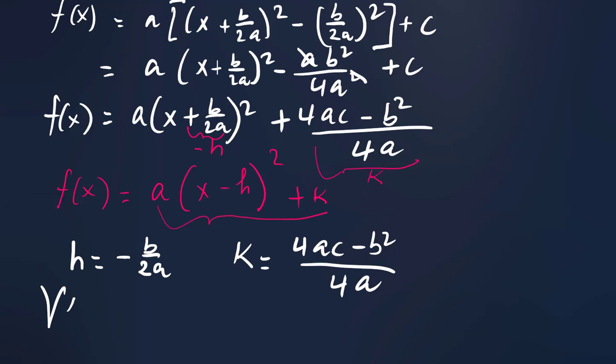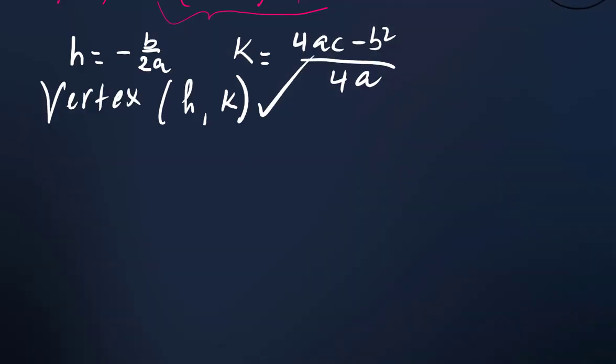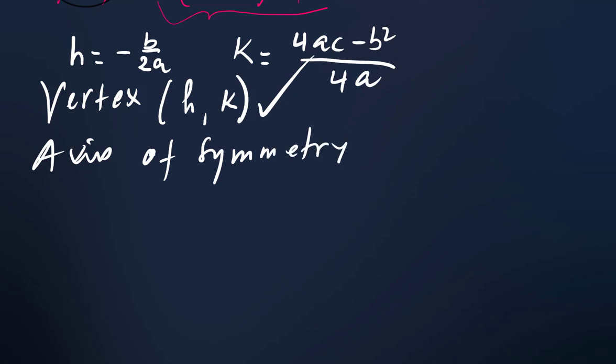So the vertex can be found when we find these 2 points. Okay, and the axis of symmetry, we can say x is equal to h, or x is equal to minus b over 2a.